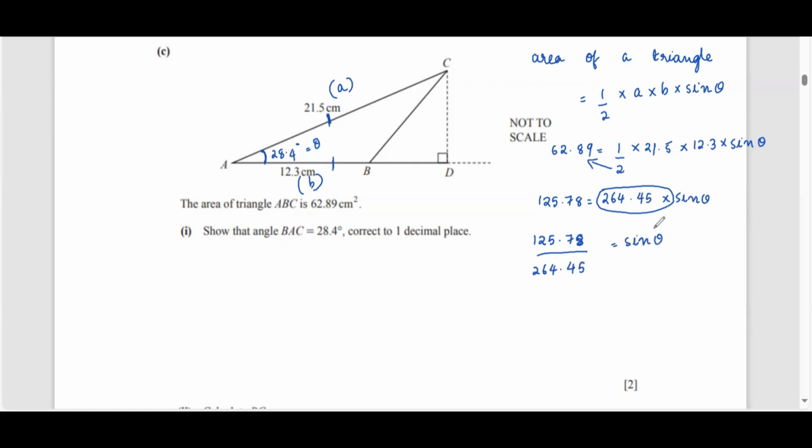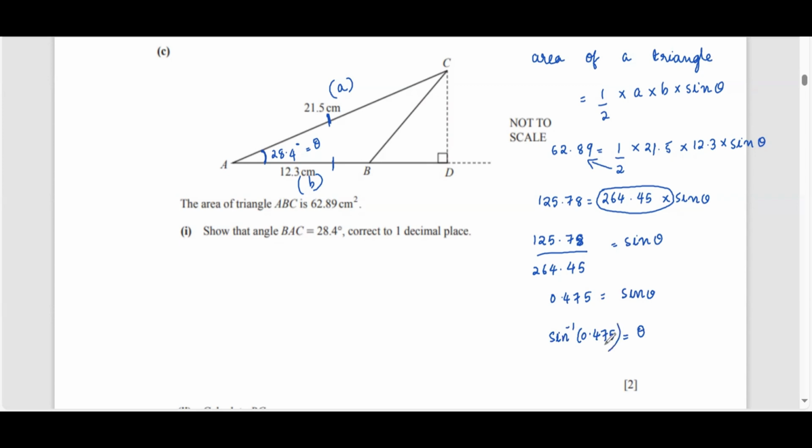Now, let's divide this. 125.78 divided by 264.45 will give me 0.475 approximately. 0.475 is equal to sine theta. Again, we don't want sine theta, we want theta. So sine goes to the other side, it becomes sine inverse of 0.475.